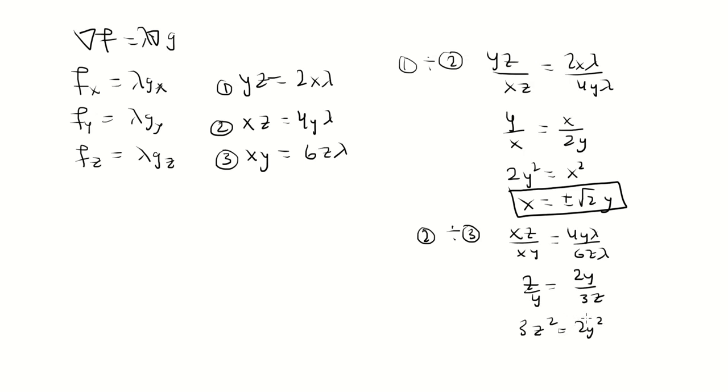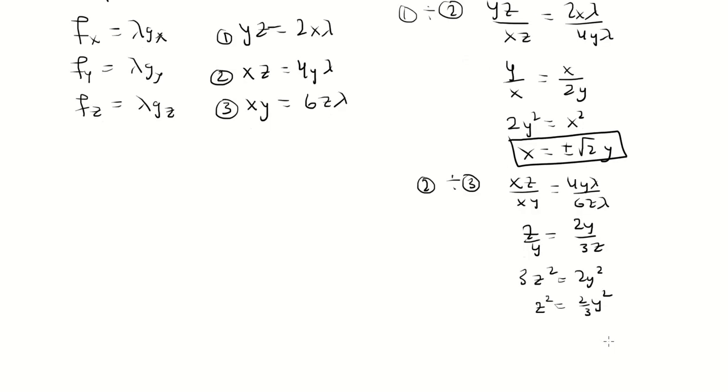And I can solve for z, and the reason I'm solving for z is because I want it in terms of y. So z² equals 2/3 y², and then taking the square root of both sides, z is plus or minus root 2 over 3 times y. So x is in terms of y, z is in terms of y, and obviously y is just y.